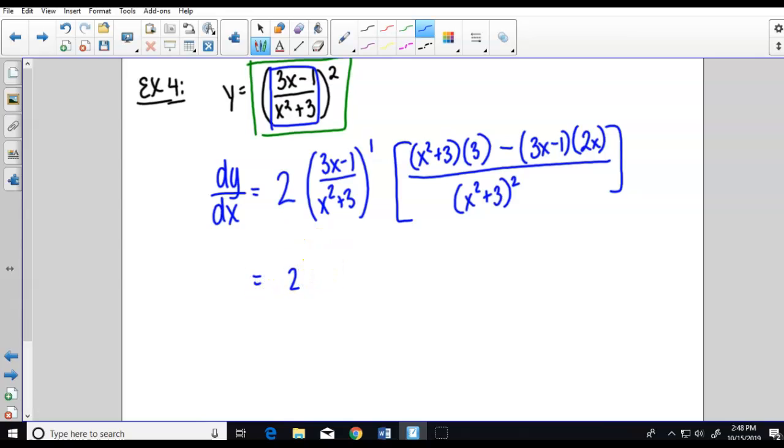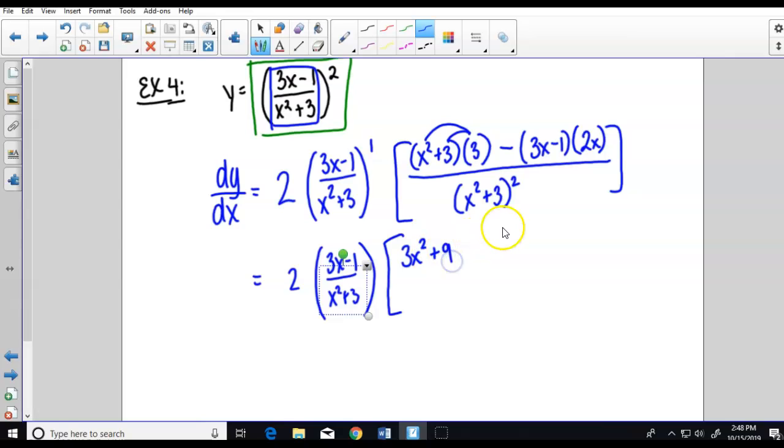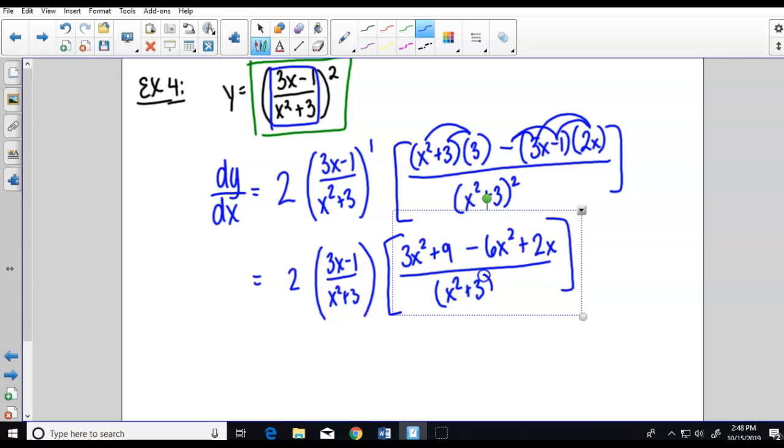So let's just leave this stuff out here alone and pretend like it's not even there for right now. So we could distribute this 3. We get 3x squared plus 9. And we could distribute this 2x. And the negative's got to go with it too. So we'll have negative 6x squared plus 2x all over x squared plus 3 squared.